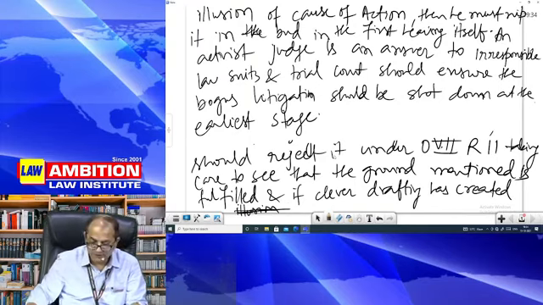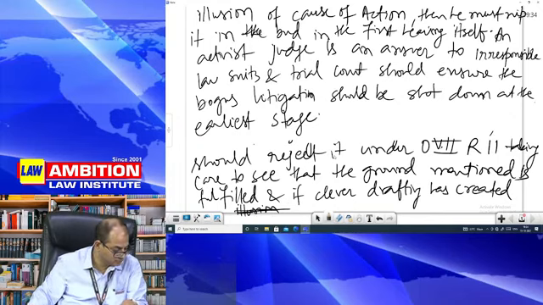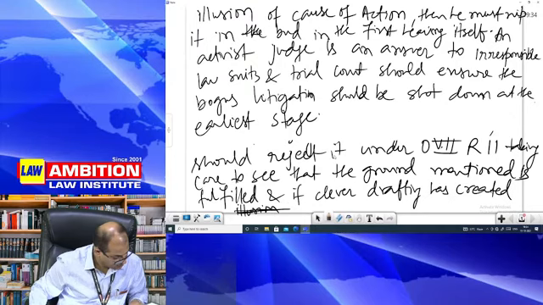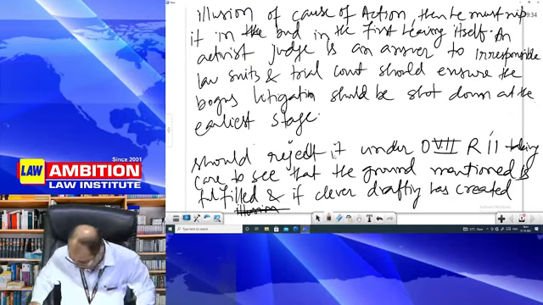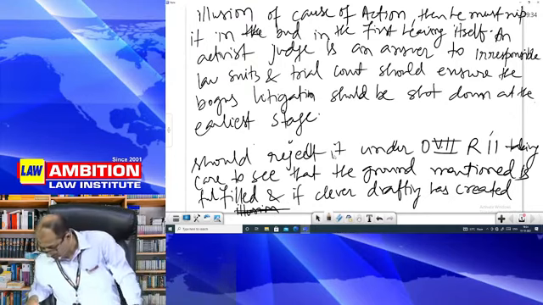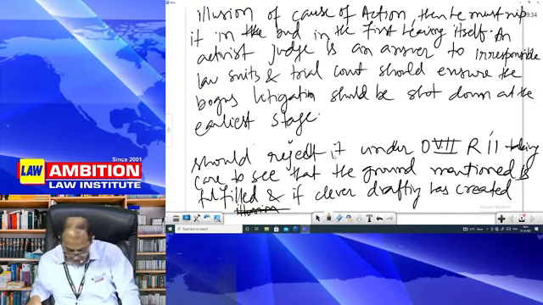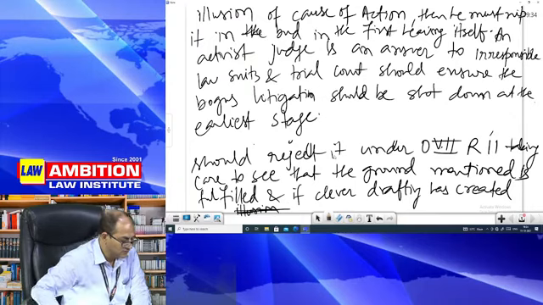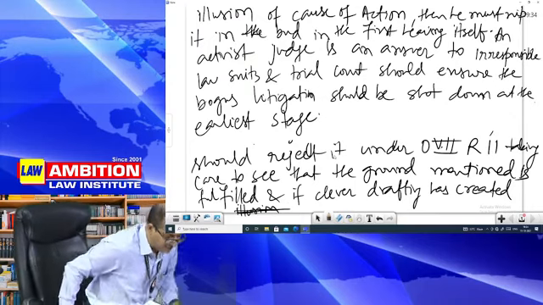Is this clear? Just write down this point. Then I'm going to quote the decisions which I have given you in your app, and I'll be reading further.